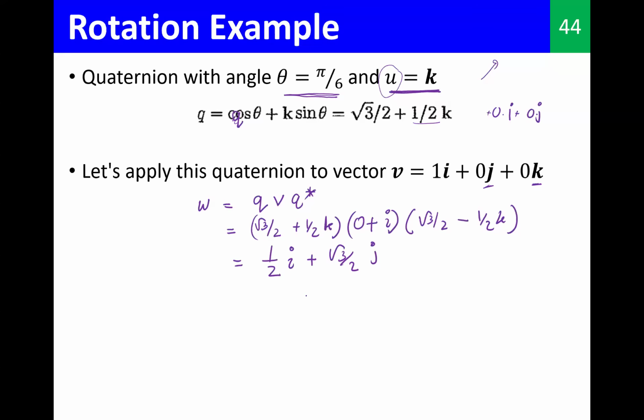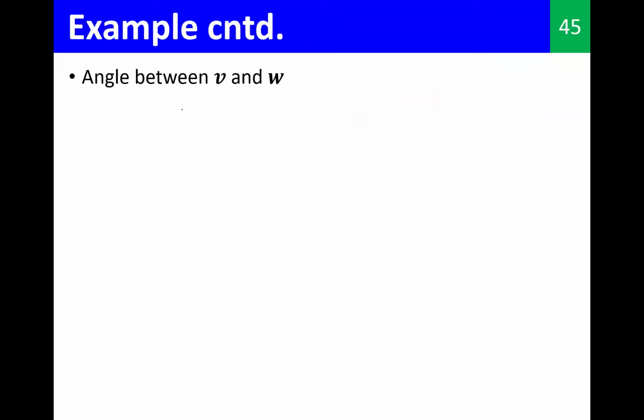Therefore, that's no problem. But the only thing I have to make sure is, there was V, now I got the answer W. I want to check this angle. So let's check the angle. I started with I, and I got the answer as half I plus this one.